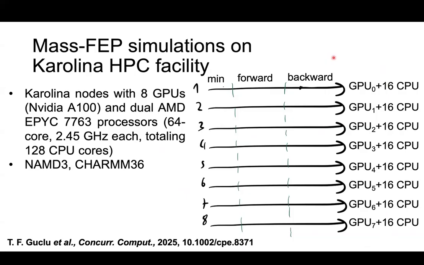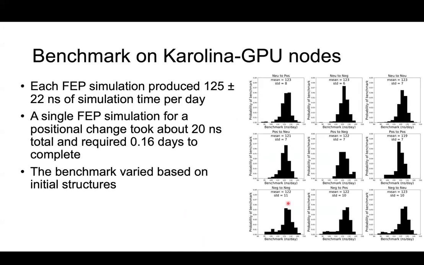Because for each FEP simulation, first you have to minimize your initial structure, then run the forward FEP simulation, then run the backward simulation. So you need to have 8 parallel processes, which contain 3 sequential processes. This is actually published in this paper. We explained in depth what we did on the Carolina computer in that paper.